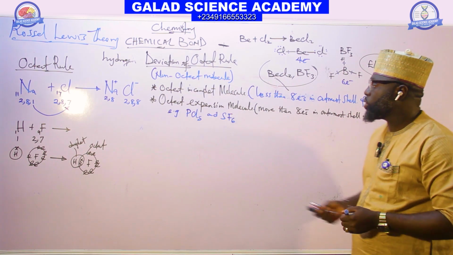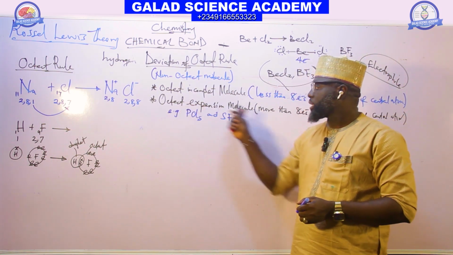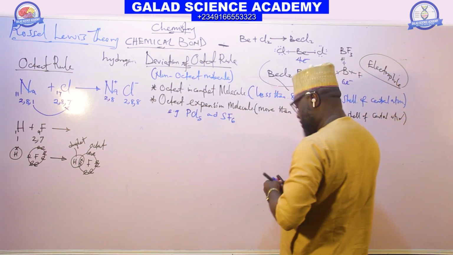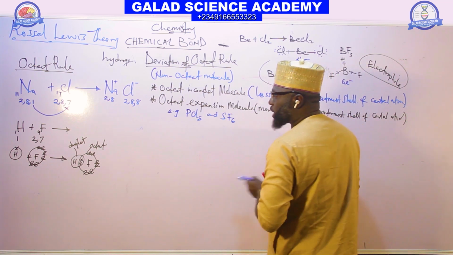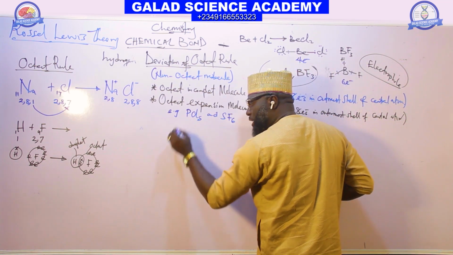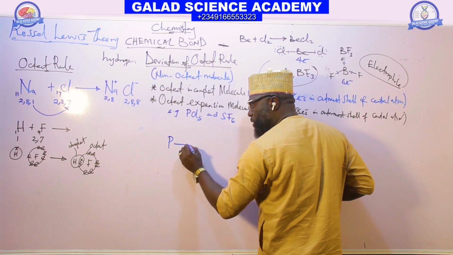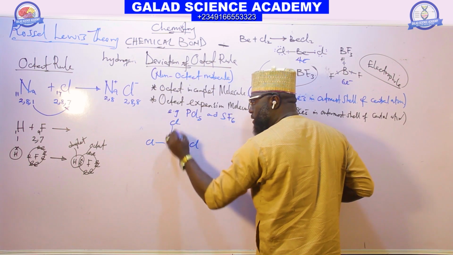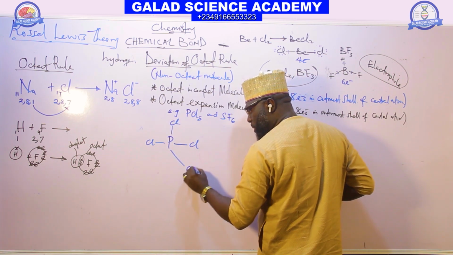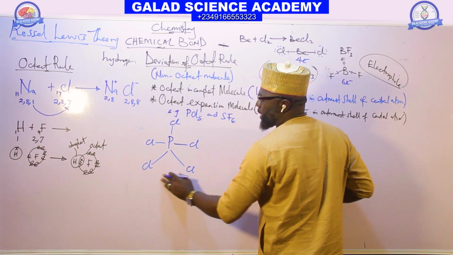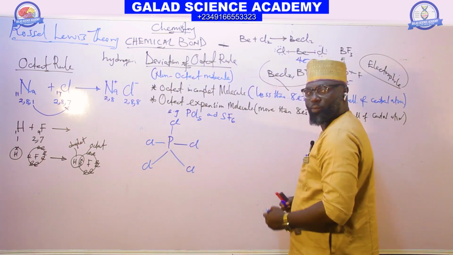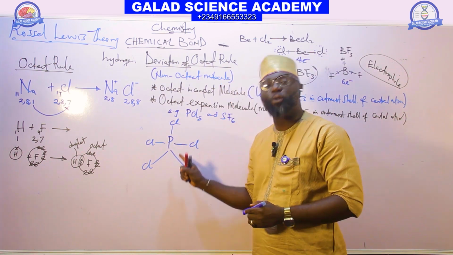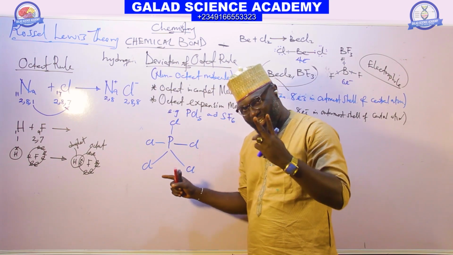These are the octet expansion molecules. If you look at the structure of PCl5, you will see that it is an octet expansion molecule. The central atom is this, and we have Cl, Cl, Cl. The phosphorus is the central atom. In a normal case, how many electrons is a central atom supposed to have? 8.